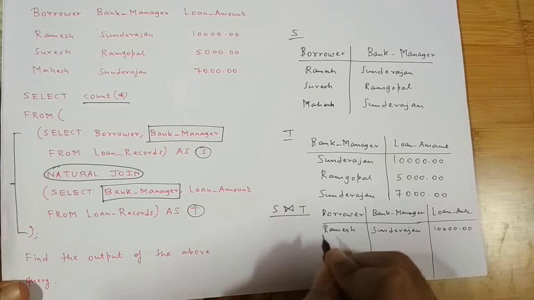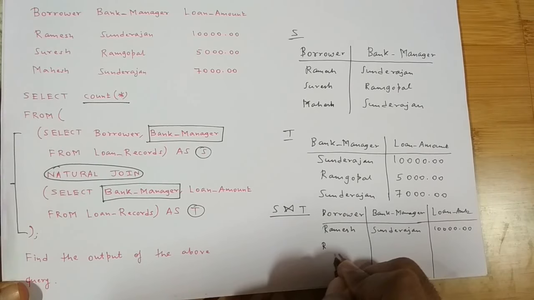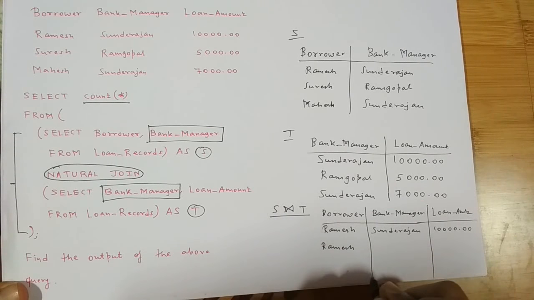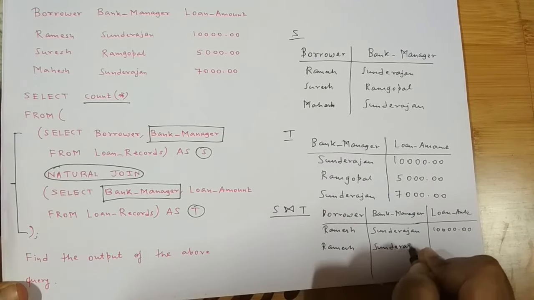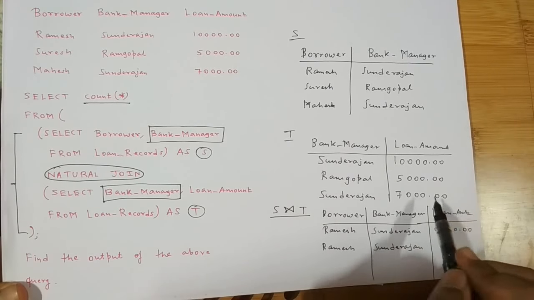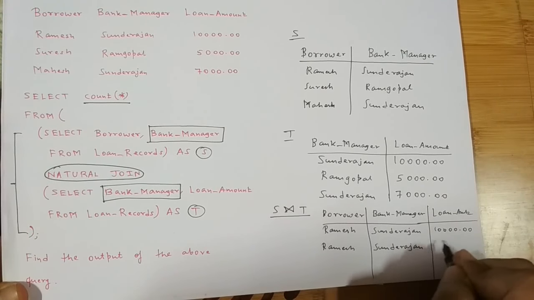Yes. So the first row of table S, that is Ramesh, with Sundarajan, and the loan amount will be 7,000.